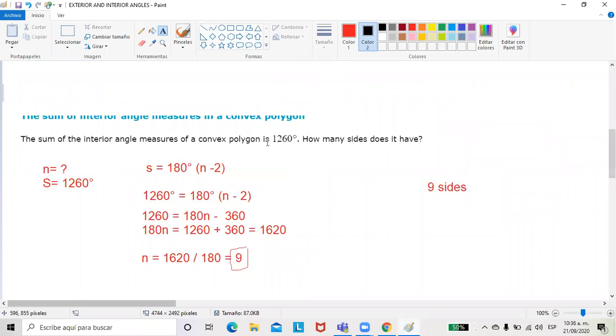Because remember here, we don't know the number of sides. The sum of the interior angle measures of a convex polygon is 1260. How many sides does it have? n is the unknown, and we know that the sum is equal to this.